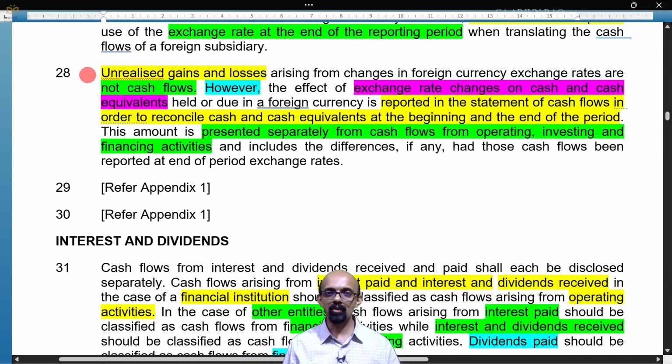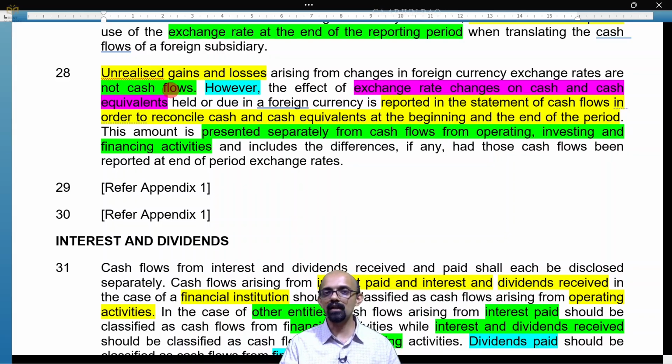As per para 28 of Indian Accounting Standard 7, unrealized gains and losses from foreign currency exchange rates are not cash flows. We know this, it's quite obvious. So suppose you have a foreign currency debtor. Your customer is, say, from the US.